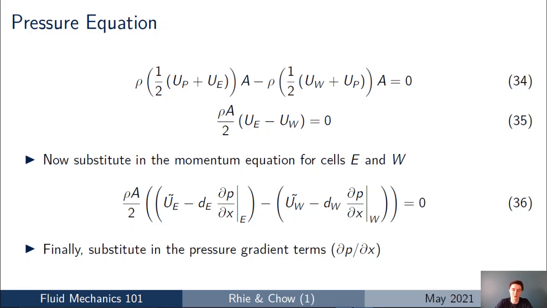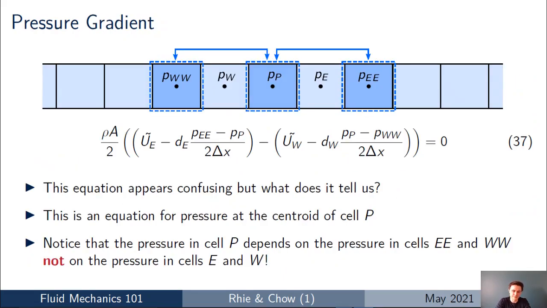And you'll see that now we've got those pressure gradients in there, partial P over partial X. The final stage in this process is to substitute in the linear interpolation form for the pressure gradient that we derived before. And what happens is that we arrive at equation 37.